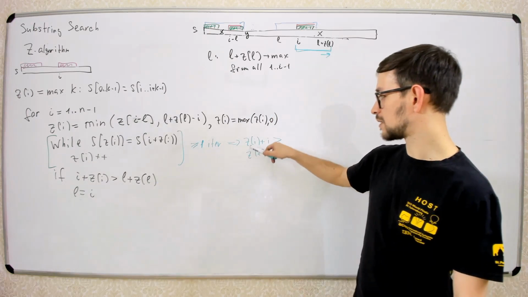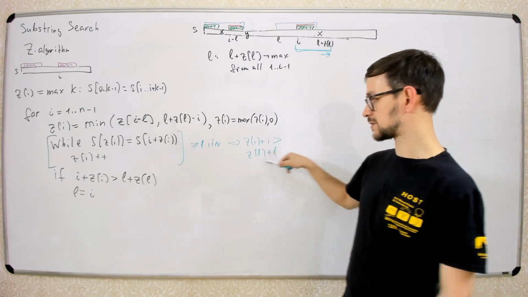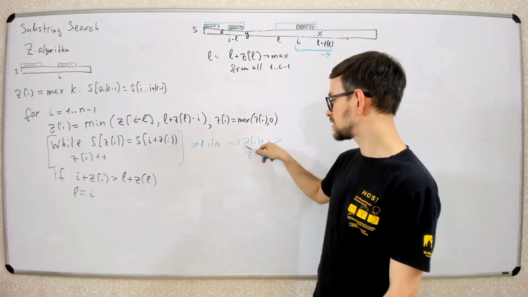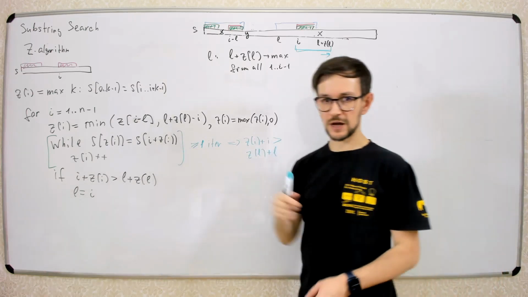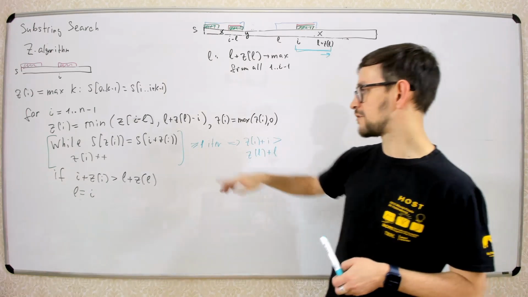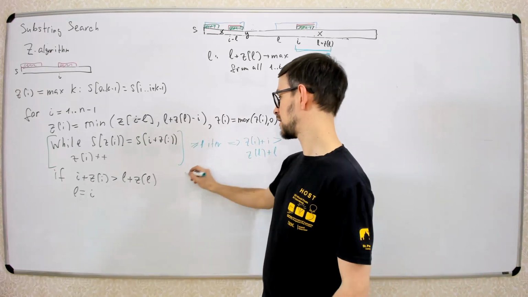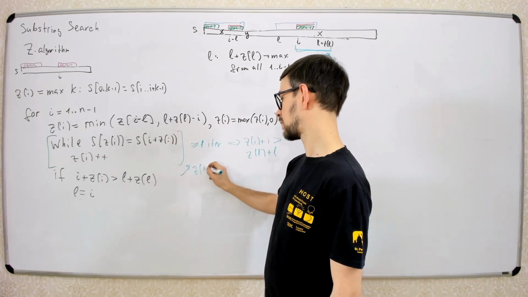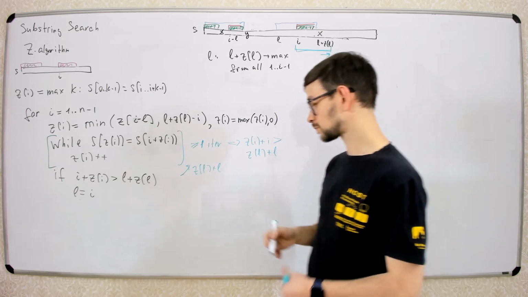So your sum zi plus i will be the next sum zl plus L. And you increase this sum in every iteration of this loop. So in every iteration of this loop, you actually increase the value zl plus L.